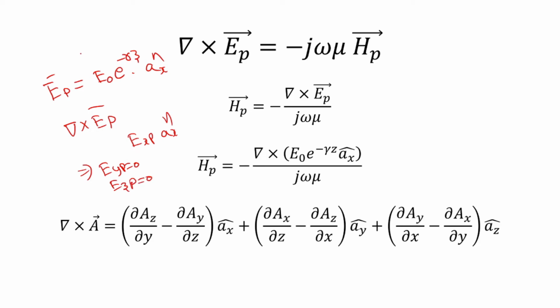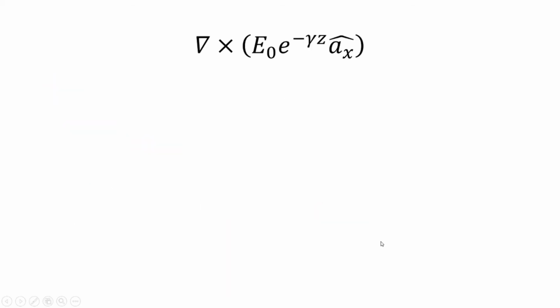And not just that, Exs is a function of z. It is not going to vary with respect to either x or y. Therefore, because Az is equal to 0, this would be eliminated, and because Ay is also equal to 0, this would be eliminated.